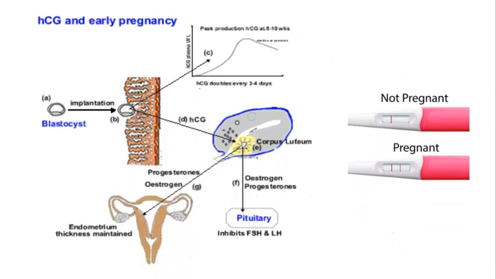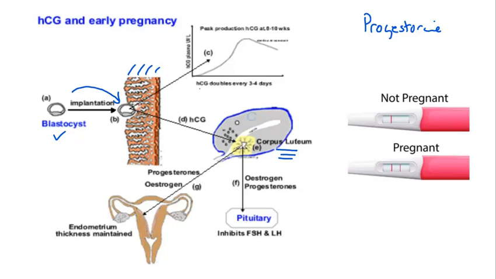And so here we have our blastocyst with the potential placental membranes and also the inner cell mass going to form the embryo. And this implants into the wall of the uterus, the endometrium, which of course has been held in this state by the levels of progesterone in the second half of the menstrual cycle, and that progesterone is produced by the corpus luteum.